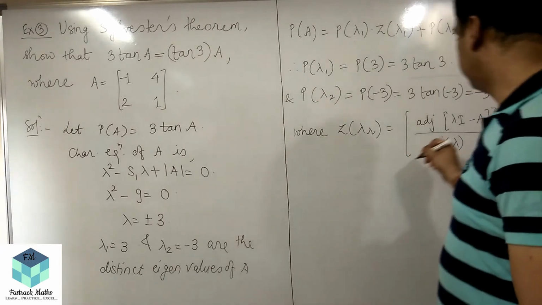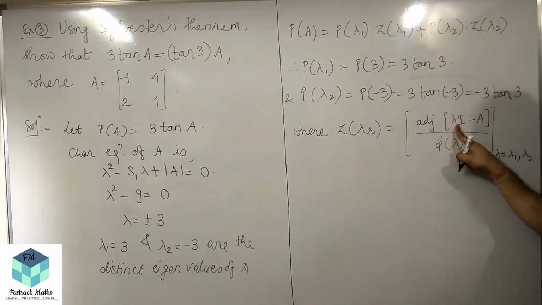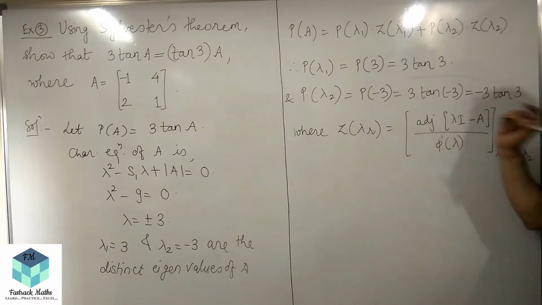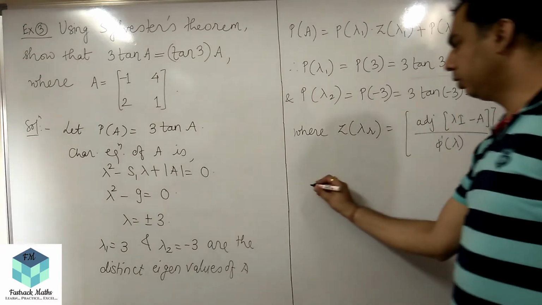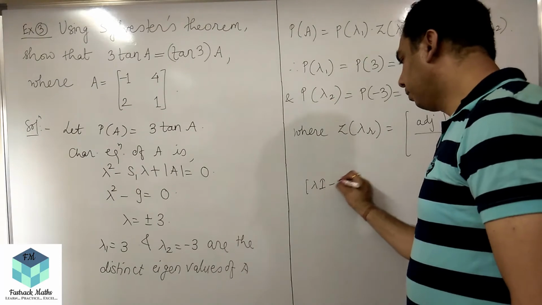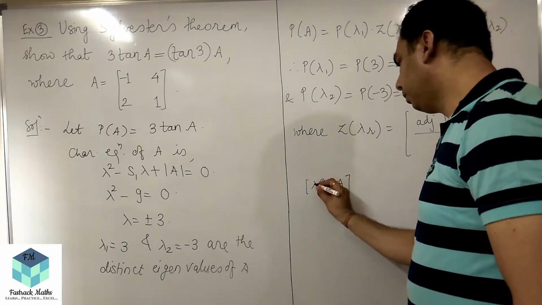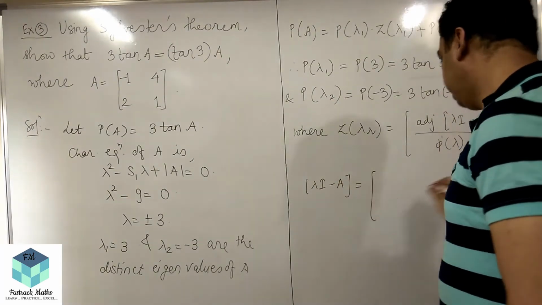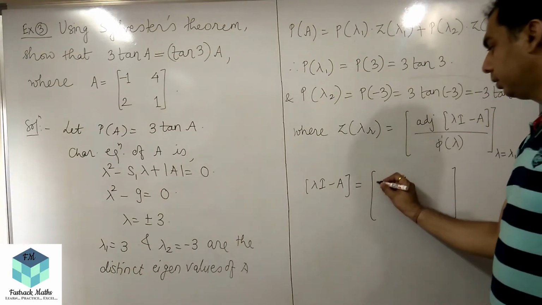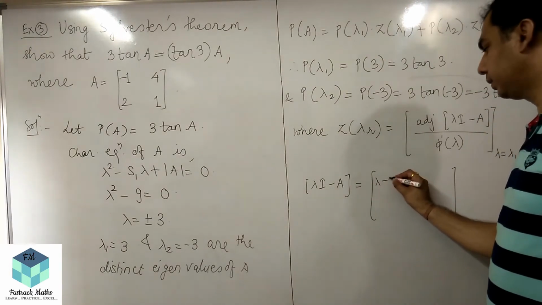For this we require the matrix lambda I minus A and its adjoint. Lambda I minus A is [lambda plus 1, -4; -2, lambda minus 1].